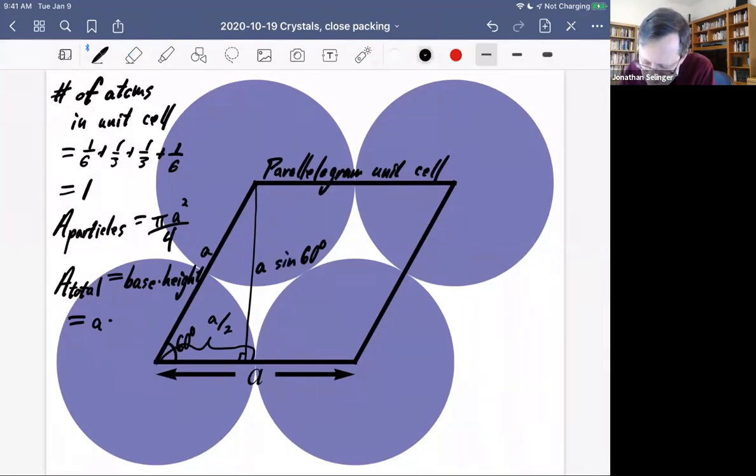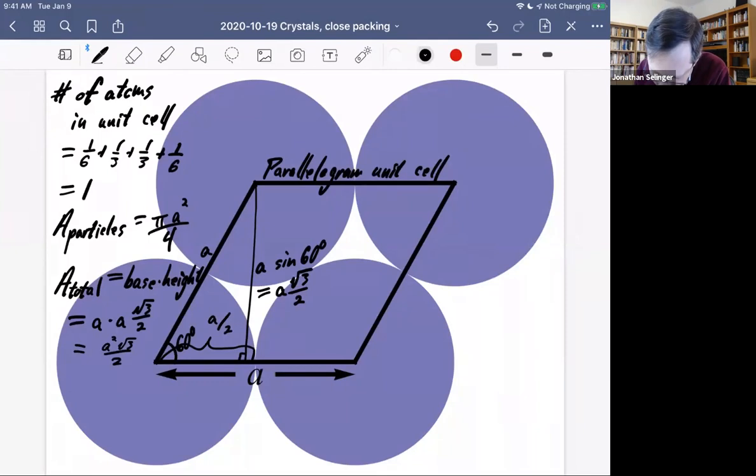A sine 60. And if you remember high school trigonometry, that's root 3 over 2. Okay, so A times root 3 over 2. Okay, so A squared root 3 over 2.